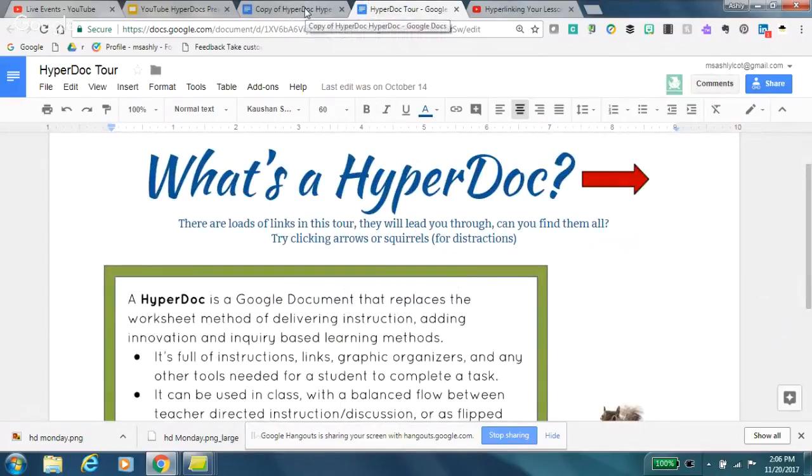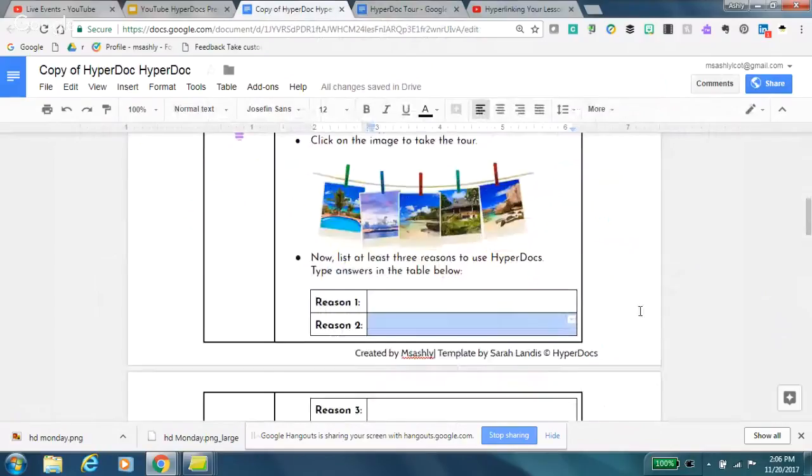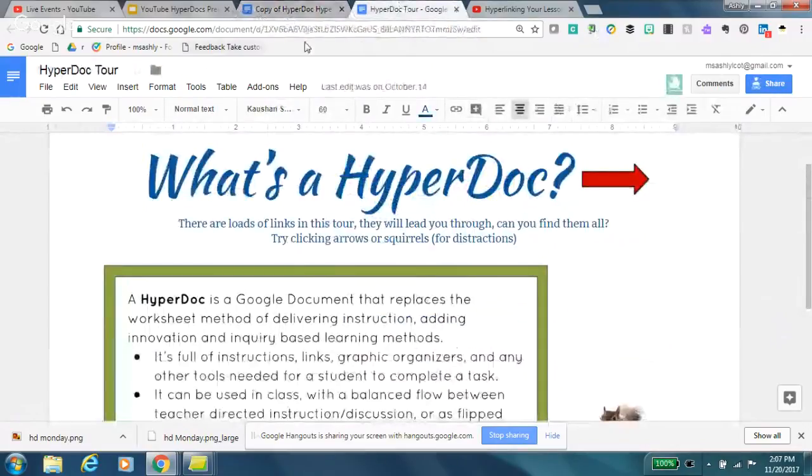As I'm going through the website, I'm looking for at least 3 reasons to use HyperDocs. Type the answers below. I usually have my students open two different windows at the same time so they can do their work on one side and read on the other side.